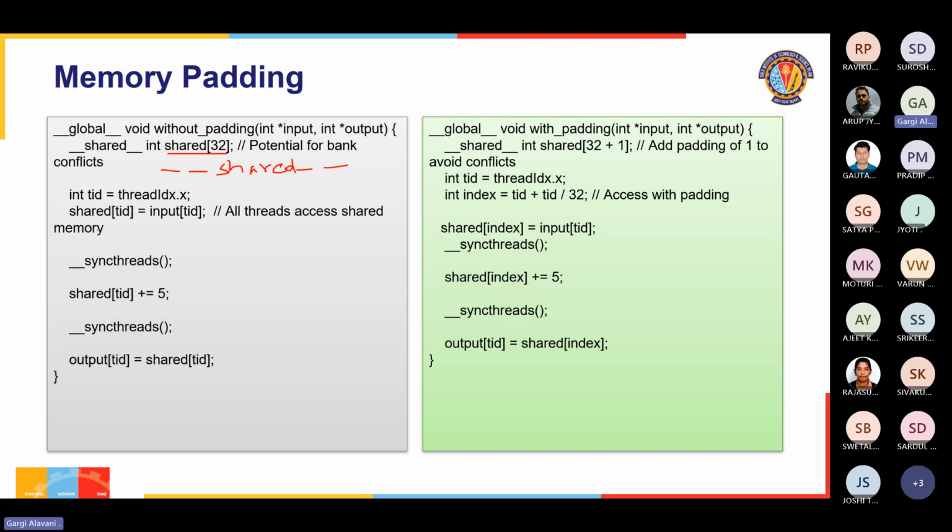Then you store some data in the shared array, do the update, and write the shared memory to your global memory output. To avoid the potential bank conflict, you add a padding of 1. This padding avoids the bank conflict and helps you get better performance.